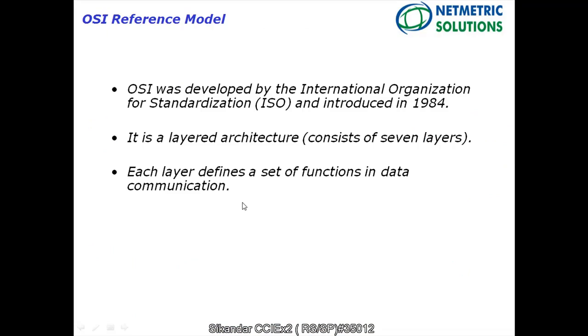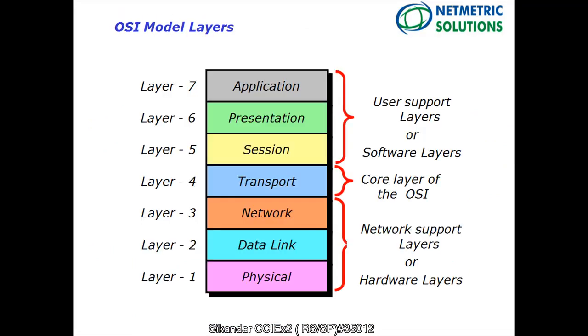Let's come down to my OSI layers, which I discussed just now. It's a layered architecture which contains 7 layers. The first layer is the physical layer, then data link layer, network layer, transport layer, session, presentation, and application layer.